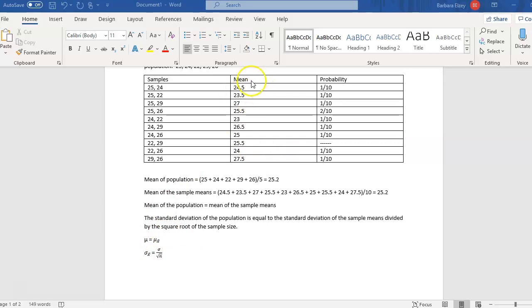Now, I could take these 10 means and plot them on a histogram. It wouldn't be very interesting and wouldn't really show us much of an interesting shape because we used an extremely small population and an extremely small sample of size 2.